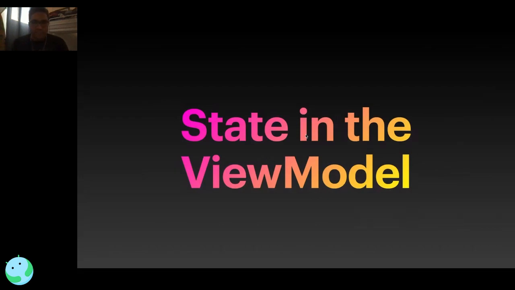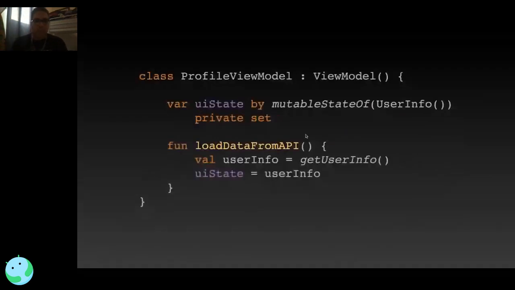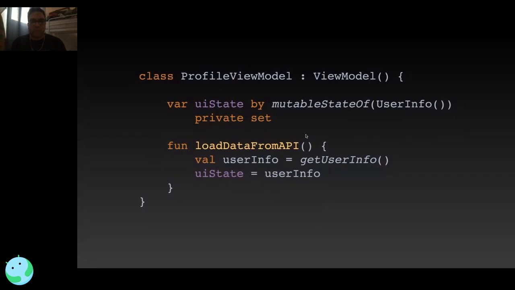So this is a sample view model, profile view model, right? We can store the state here in a mutable variable with a private set, so we can only mutate it inside of the view model, hiding the mutability to avoid errors and someone else obtaining a bad state.